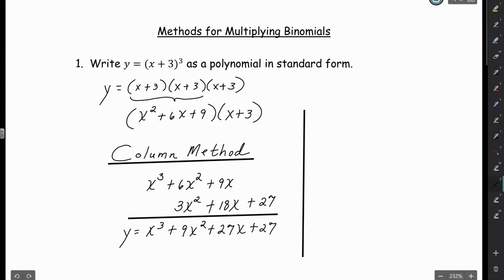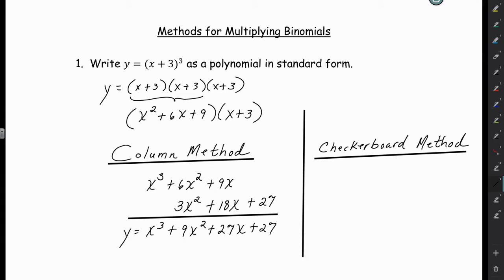Now let's take a look at the checkerboard method. With this method, you're going to decide either to write the trinomial across the top or the binomial. It doesn't matter which one. I'm going to write the trinomial across the top, and I'm going to write the binomial down the side.